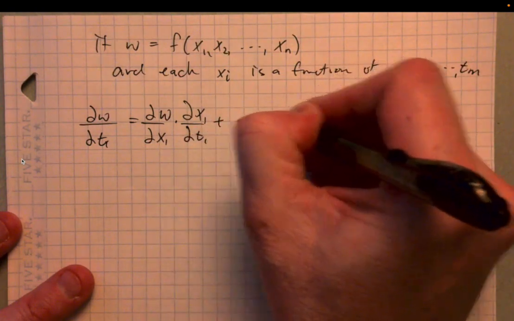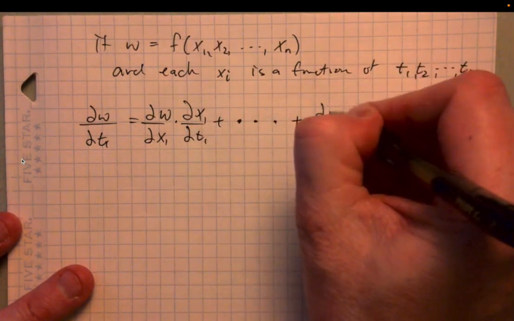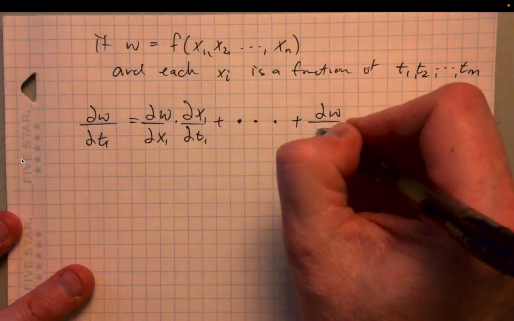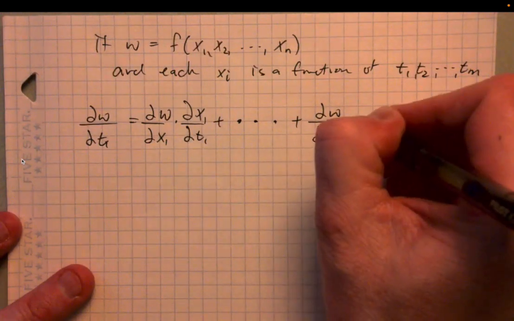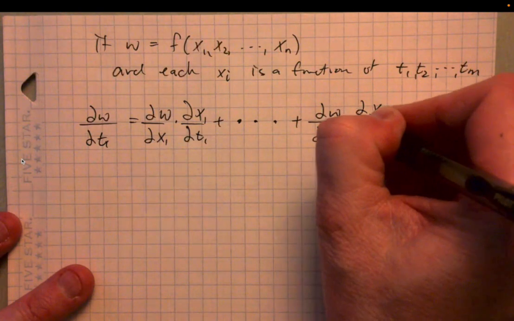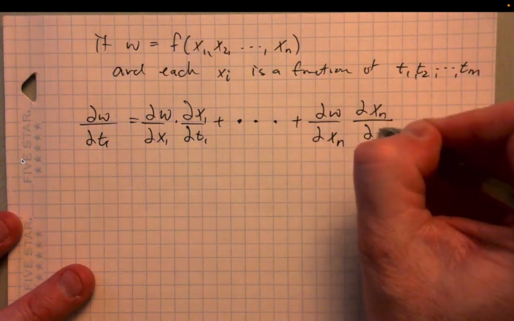And so this would go on and on here, and I'm just going to abbreviate this. So partial of w with respect to xn times the partial of xn with respect to t1, right?